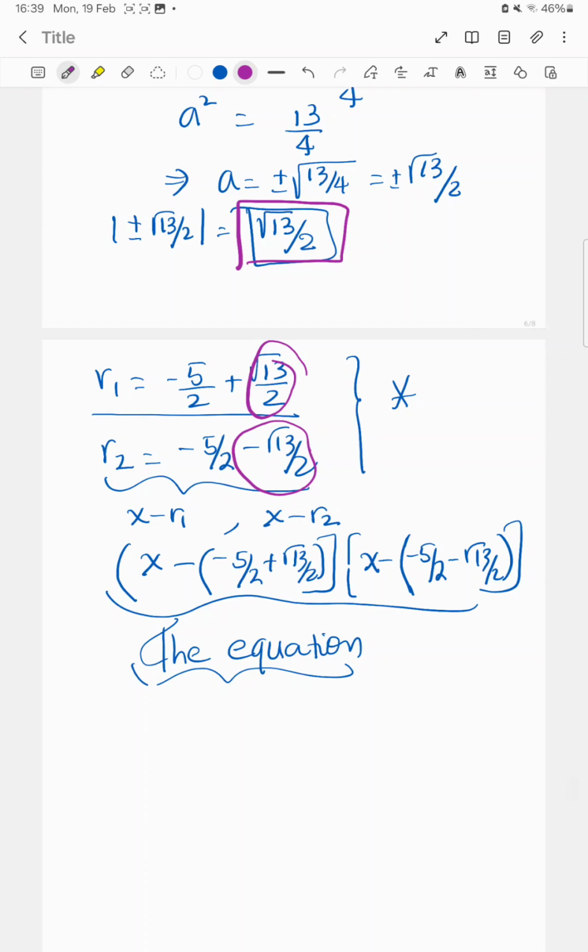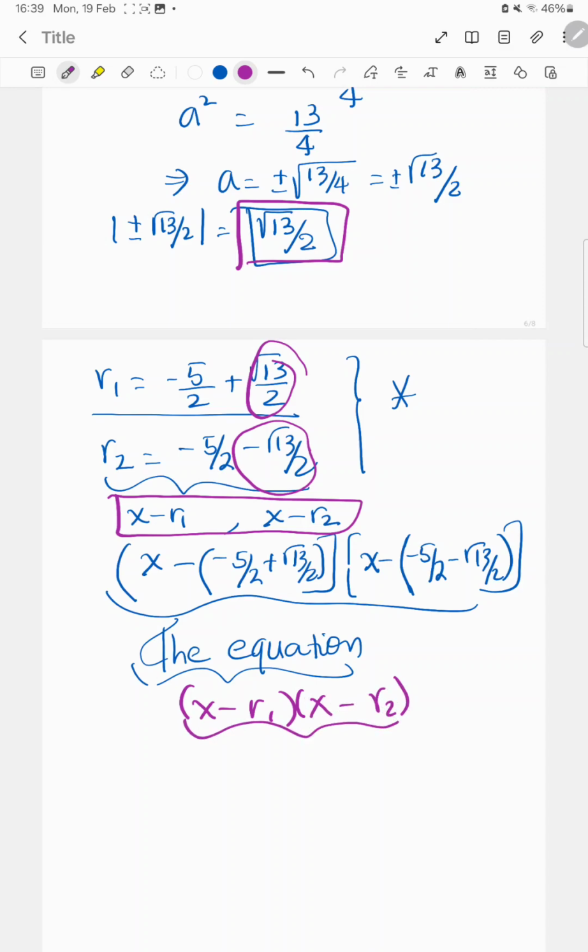If that is a fact, then from the general fact that x minus root 1, we have only one variable x here, x minus root 1 multiplied by x minus root 2 gives us the quadratic equation.